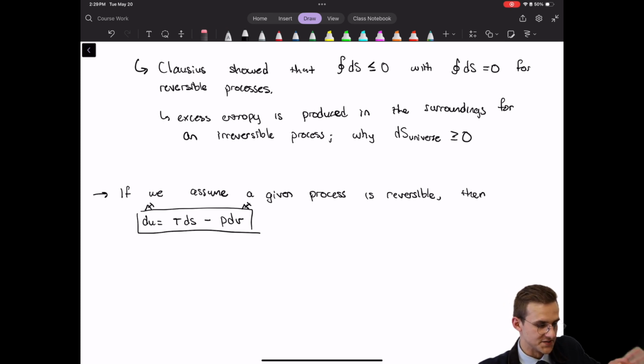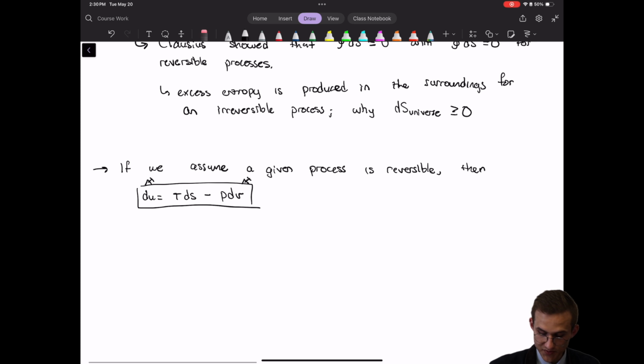It's true for simple compressible systems. It's a key starting point in the analysis of thermodynamic systems. But even though we assumed that the process was reversible to derive this relation, it contains only quantities that are path independent, and because of that, it's valid for all processes.